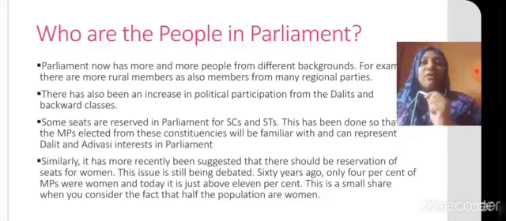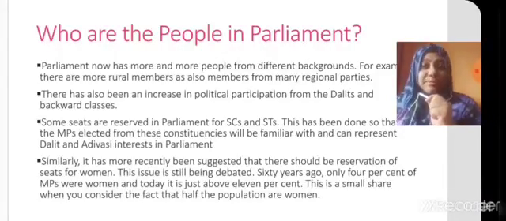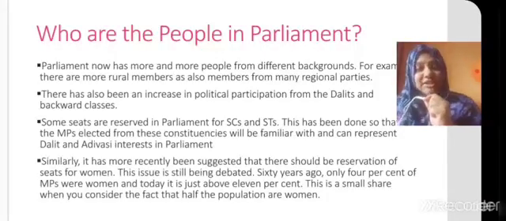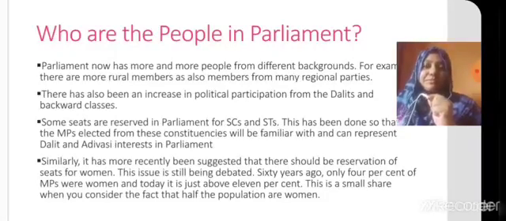All right, so these are the people who form the Parliament: people belonging to different regional parties, different regions, rural areas, urban areas, scheduled castes, scheduled tribes, and people belonging to a different gender, that is women.